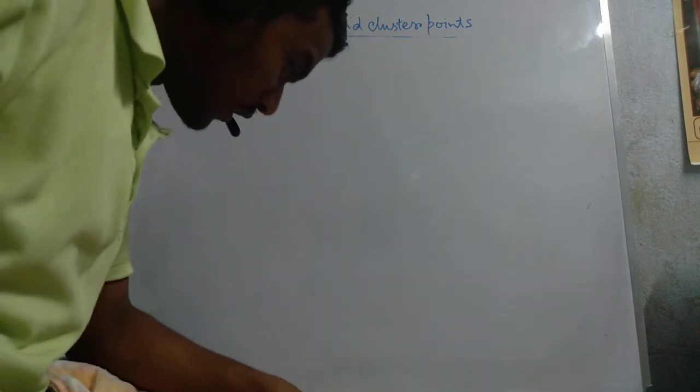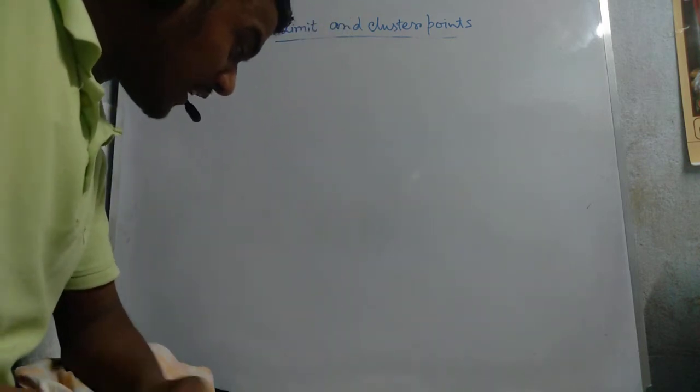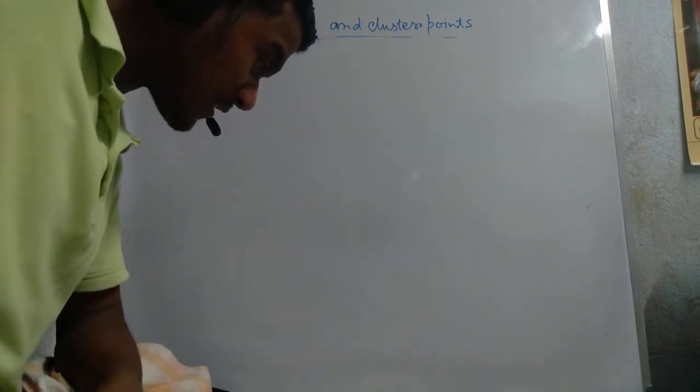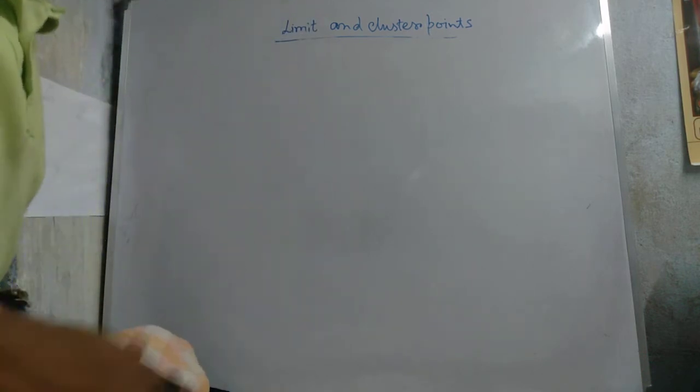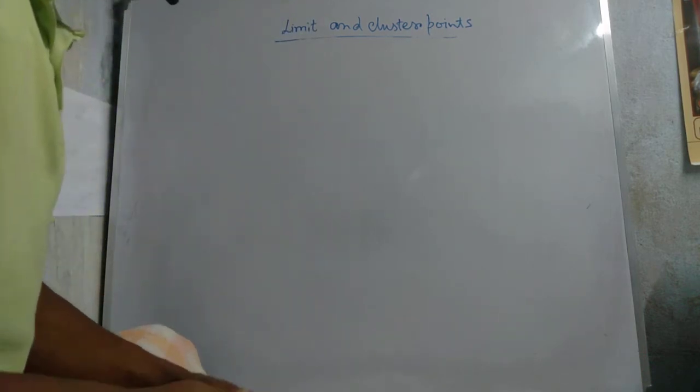Now we're going to show every open set containing x has a non-empty intersection with E. That means this one is the concluding part.